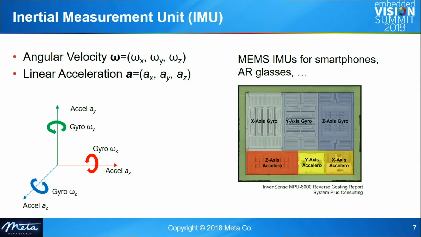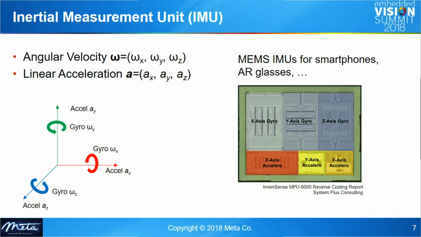Largely thanks to the mobile and smartphone industry, today you can get a MEMS IMU inertial sensor for $1, give or take. That won't give you a very good IMU, but regardless, that's the price range we are talking about. And this component gives you both translation and orientation related measurements.